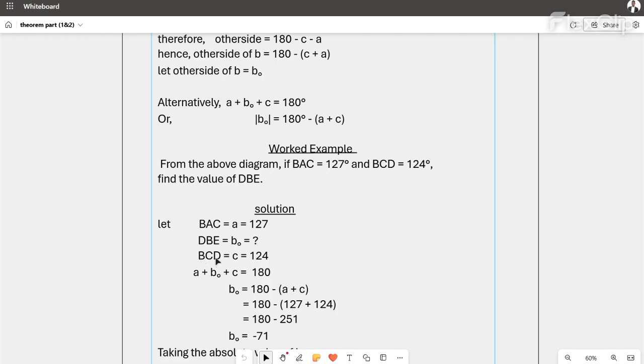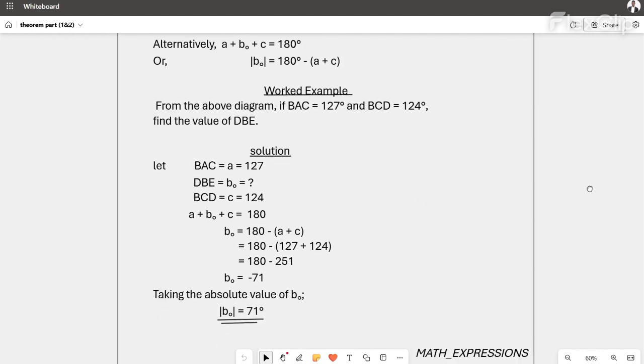And then angle BCD, let it be equal to C, which is equal to 124 degrees. From our equation here, we have angle A plus angle B naught plus angle C is equal to 180 degrees. And let's solve for this.